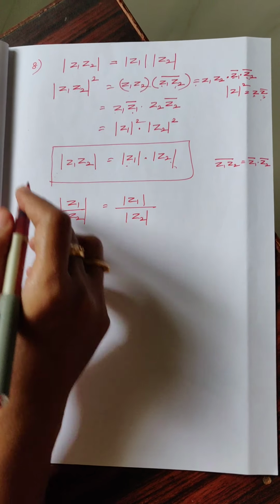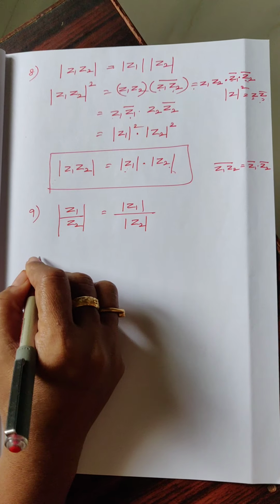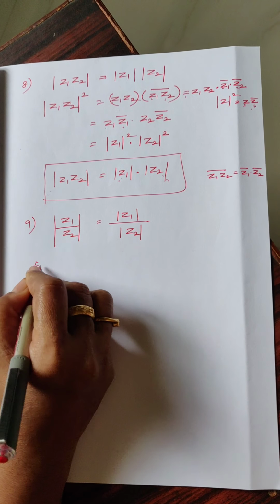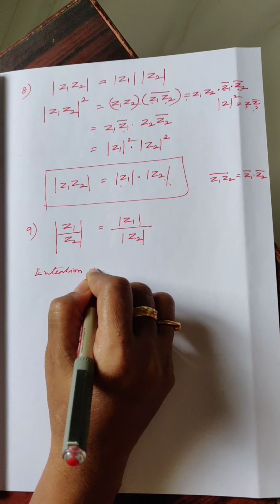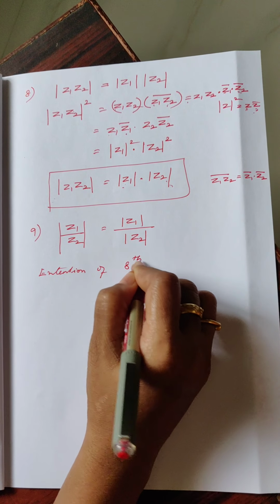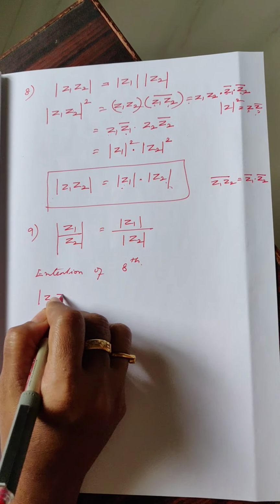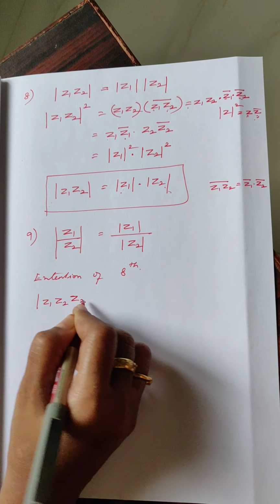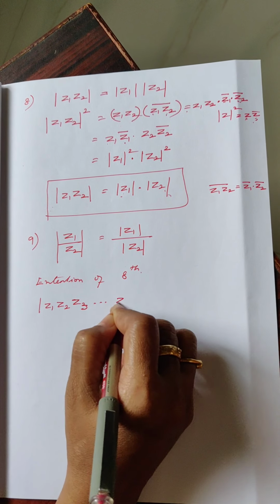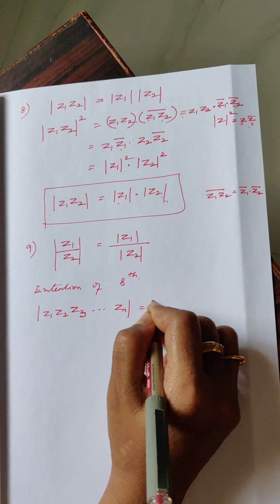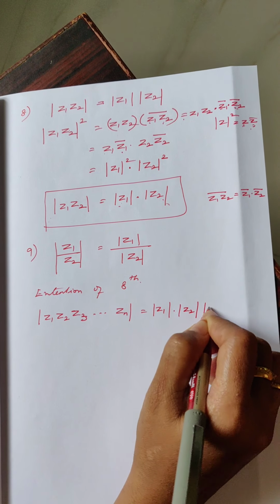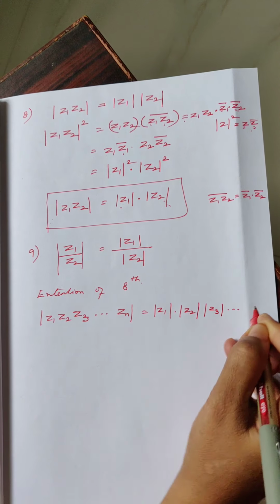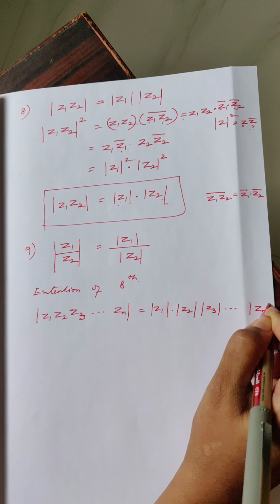Now we want to see the extension of the eighth property. Modulus of z1 z2 z3 etc. zn can be represented as modulus of z1 into modulus of z2 into modulus of z3 etc. modulus of zn.